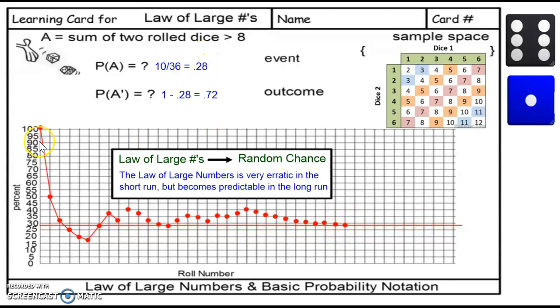So to say that again, the law of large numbers says that the more you run your experimental probability, the closer the experimental probability will get to the theoretical probability. So hopefully you've learned a little bit about the law of large numbers and what it means, and I hope you have fun in your stats.